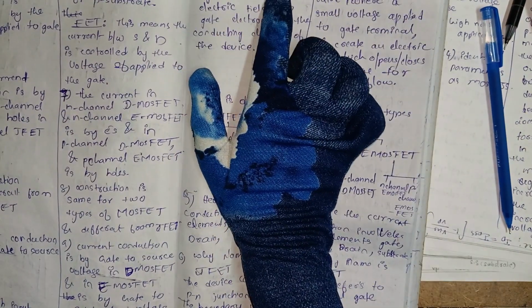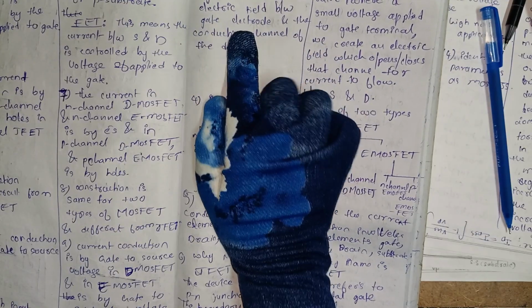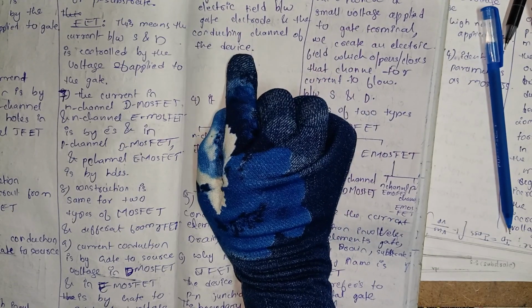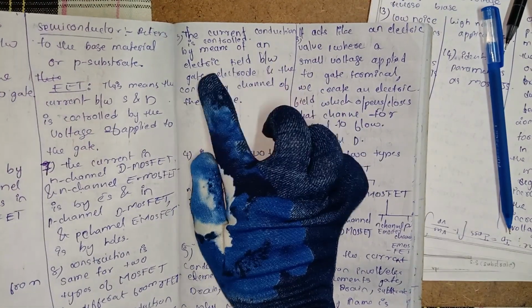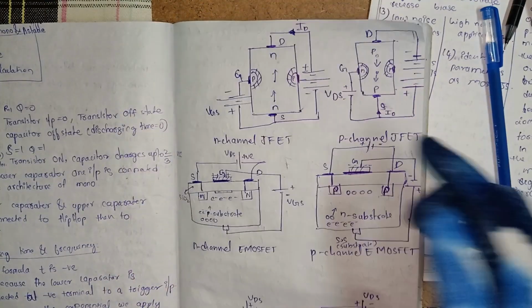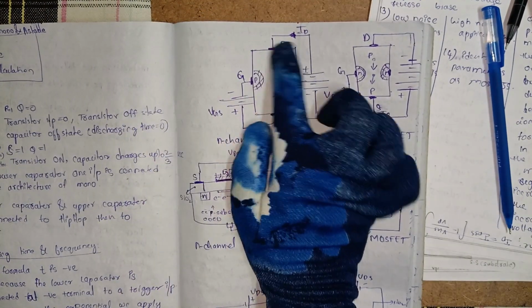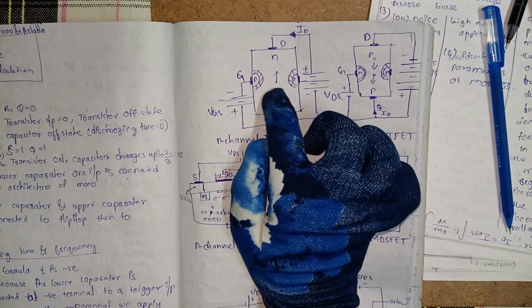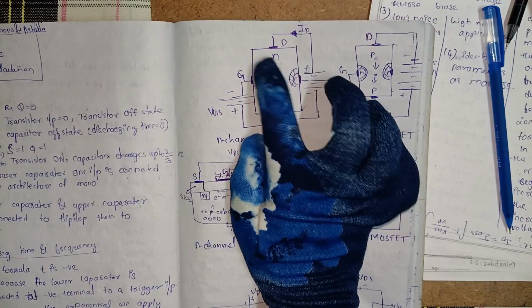The current conduction is controlled by means of an electric field between the gate electrode and the conducting channel of the device. Here is the gate terminal. Here the whole area is the N type bar.